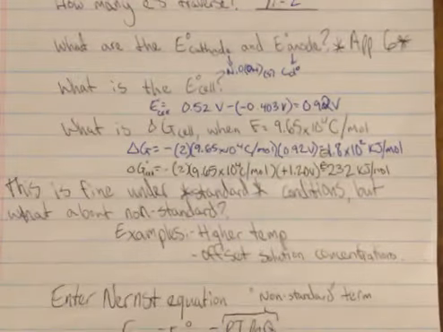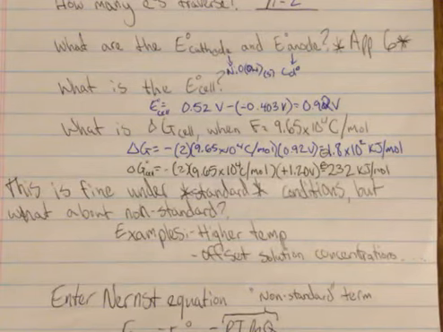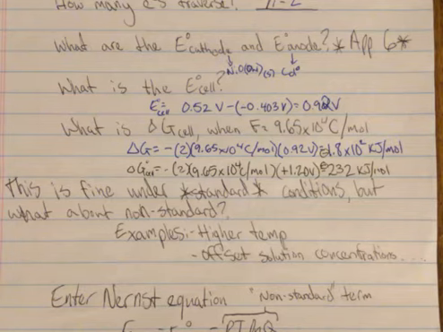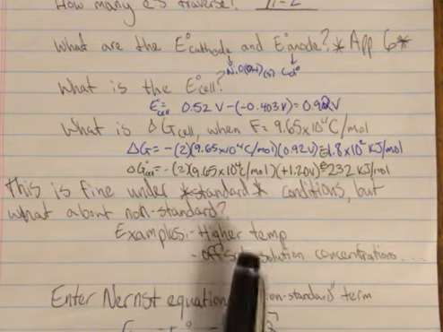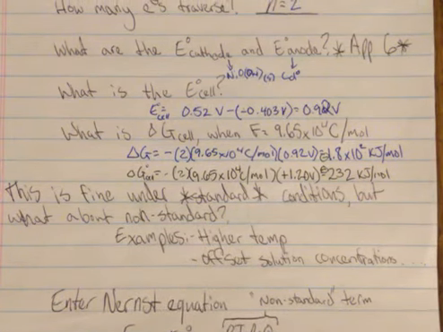Okay, so what I just computed is all good and well under standard conditions, but things are a little bit non-ideal in the real world. So let's take examples of both higher temperature, or let's say offset solution concentrations.